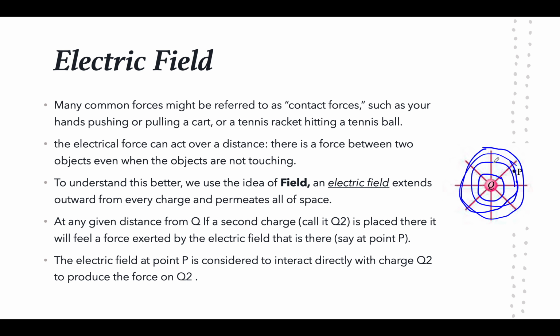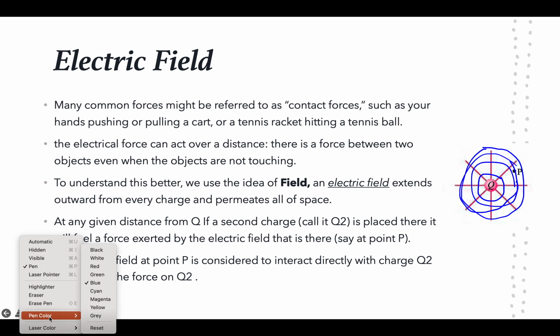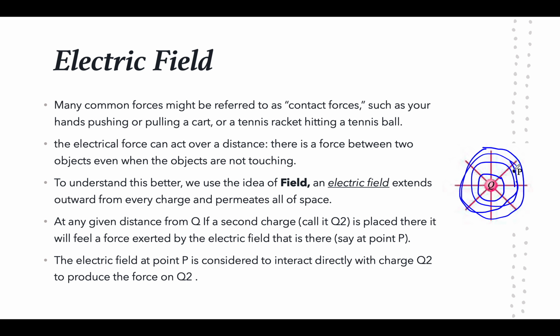So at any point there is a force acting on these lines over here, but no charge will feel a force because no charge is there. However, once we place a charge Q2, say here at point P, the moment Q2 is there, that is the moment this charge feels a force due to the electric field created by large Q.